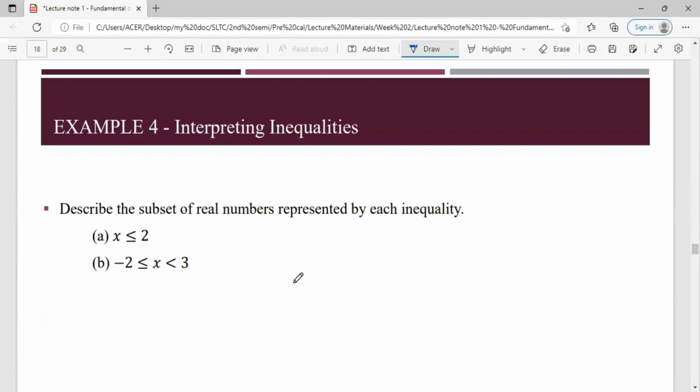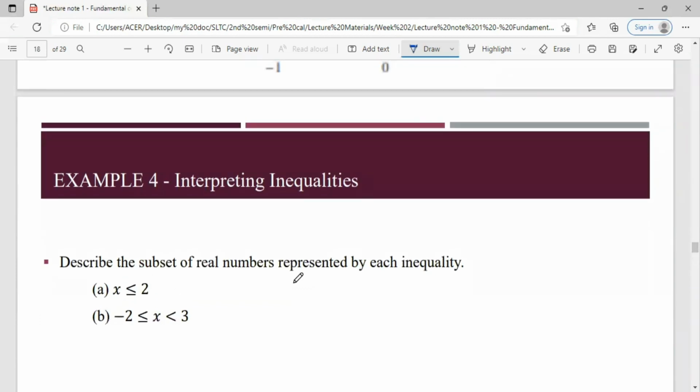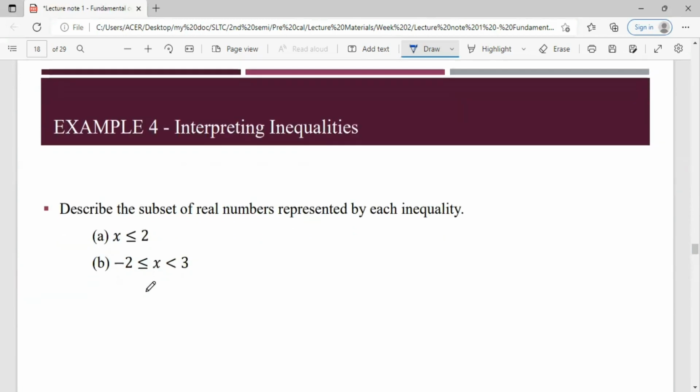Then next example, interpreting inequalities. Describe the subset of real numbers represented by each inequality. Part A, x less than or equal to 2. Then part B, minus 2 less than or equal to x less than 3.